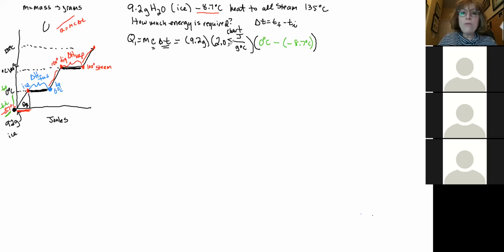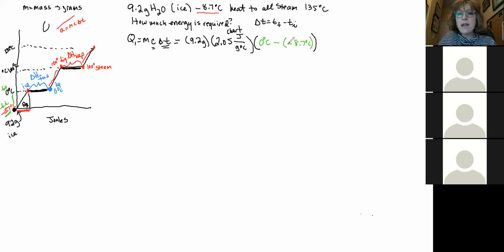The 2.05, it's from your reference sheet right up there, and it should say for ice. What I have highlighted in green is for the liquid phase of water. And so the ice is above it, liquid phase of water, and below that one is steam. Okay? So ice, liquid, steam.